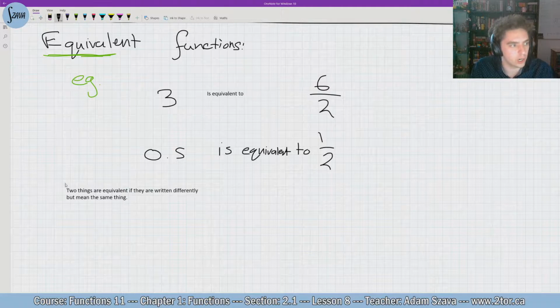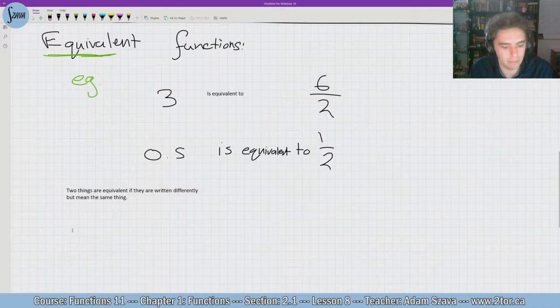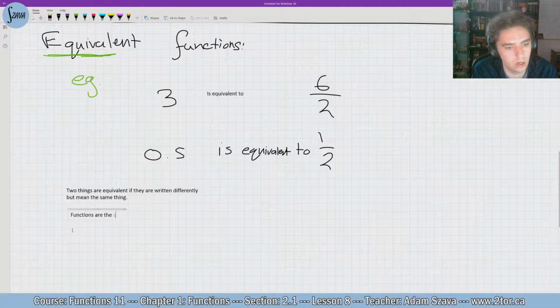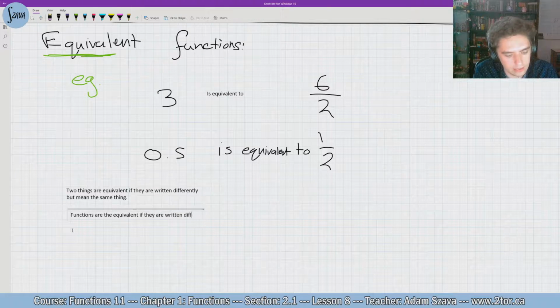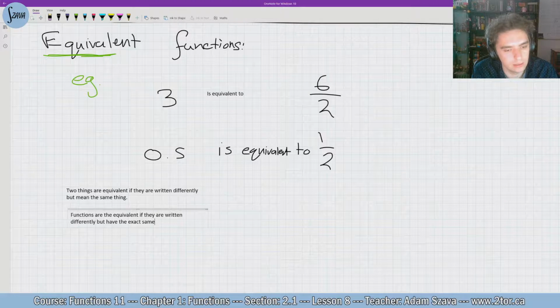So functions are equivalent if they are written differently, but mean the same function. They represent the same function. In other words, functions are equivalent if they are written differently, but have the exact same outputs for every input.